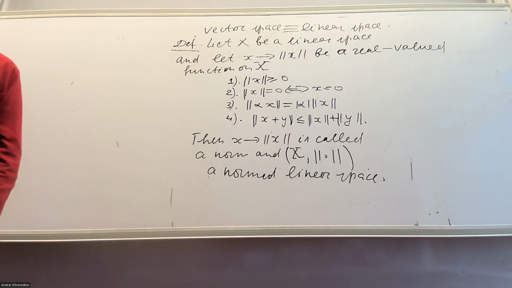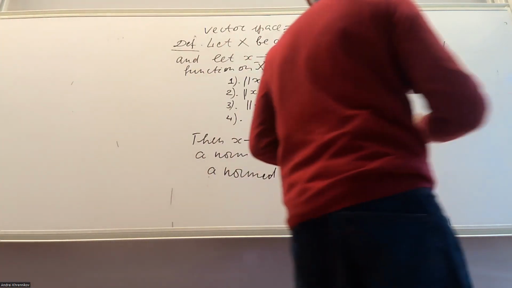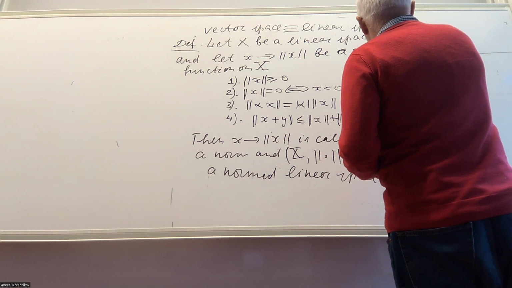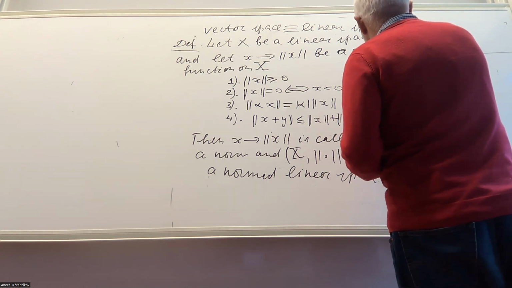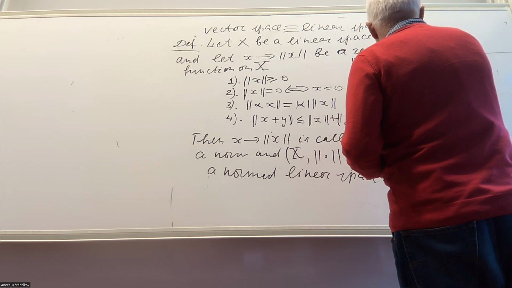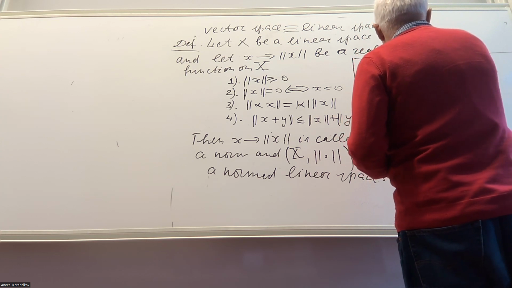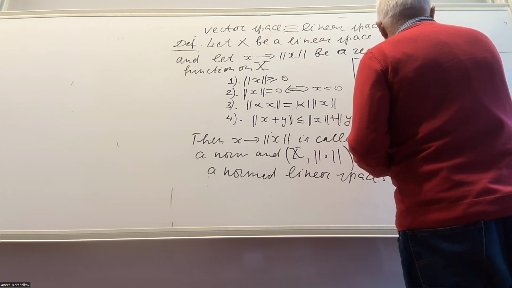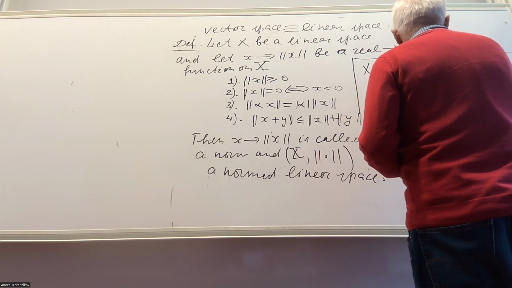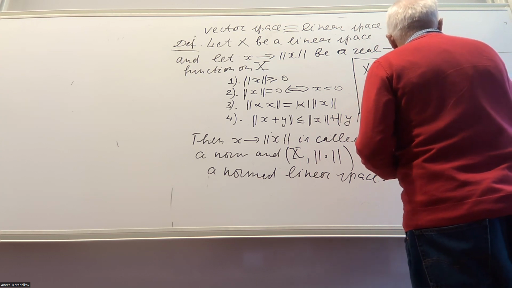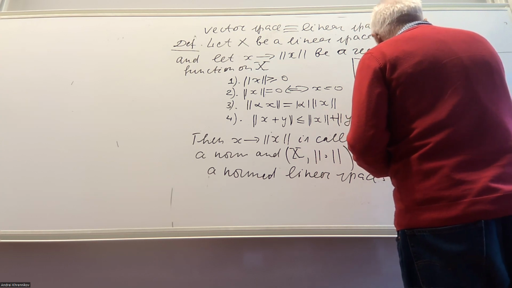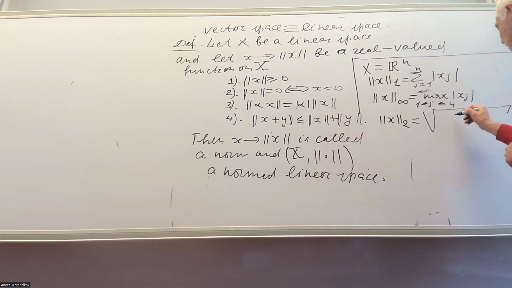Example. In fact, all spaces which we considered were normed linear spaces, besides this discrete distance. So X equals R^n. And for example, the norm ||x||_1 was just the sum of absolute values of coordinates. The norm ||x||_infinity was the maximum of |x_j|. And the Euclidean norm was the square root of the sum of squares.